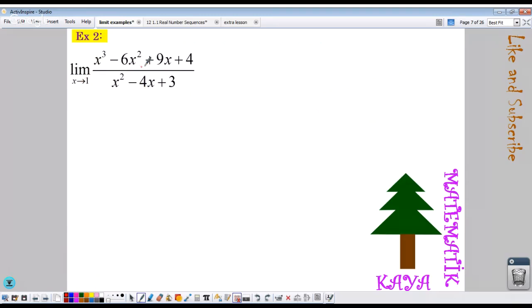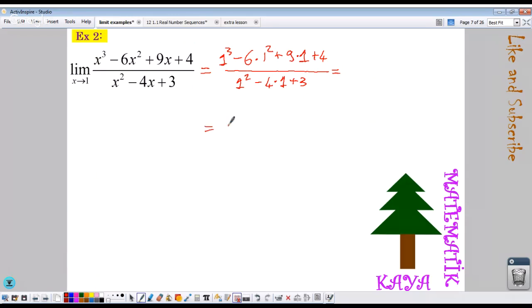Let's replace the number 1 in here. 1 cube minus 6 times 1 squared plus 9 times 1 plus 4, over 1 squared minus 4 times 1 plus 3.